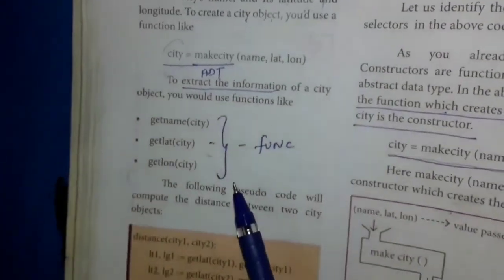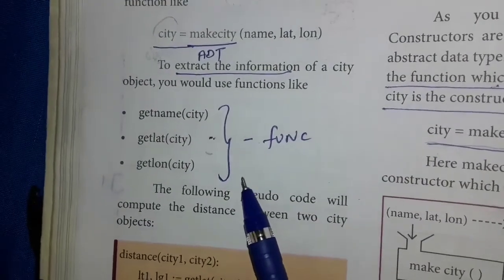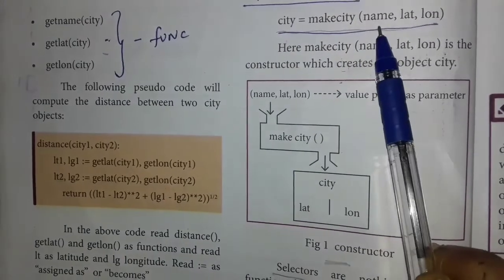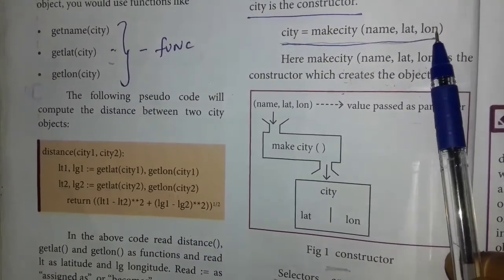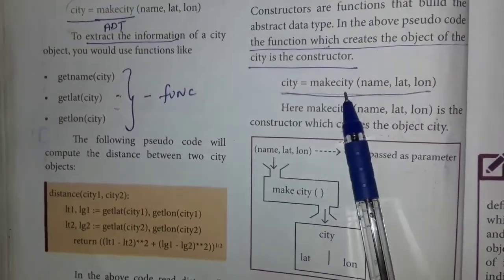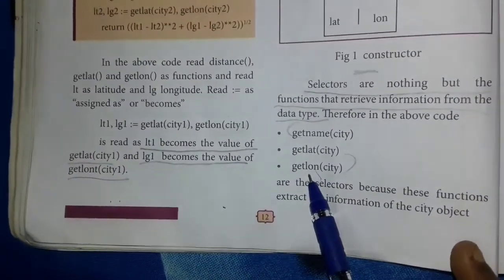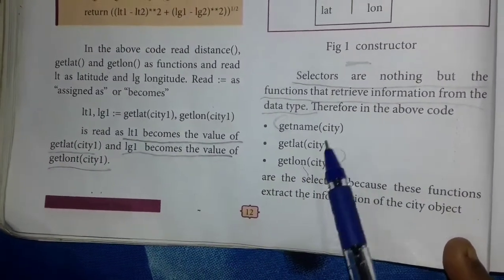An example for the constructor and selector is given. So here city, make city, name, latitude, longitude. Make city is the constructor, and get name, get lat, get long are the selectors used for the object city.